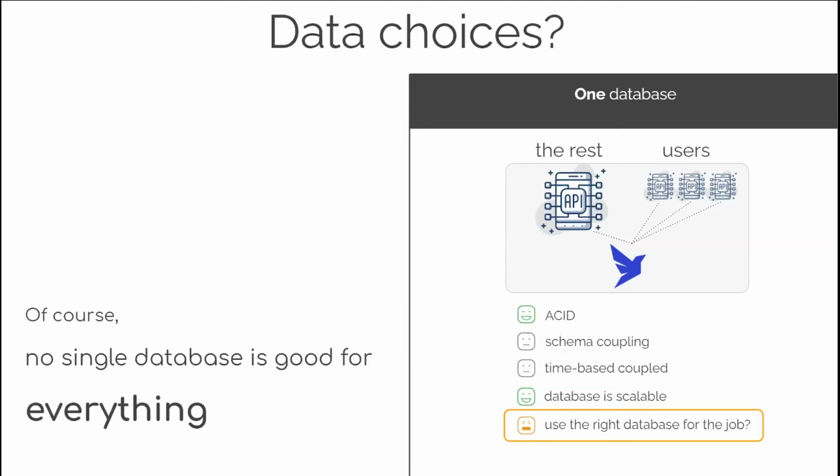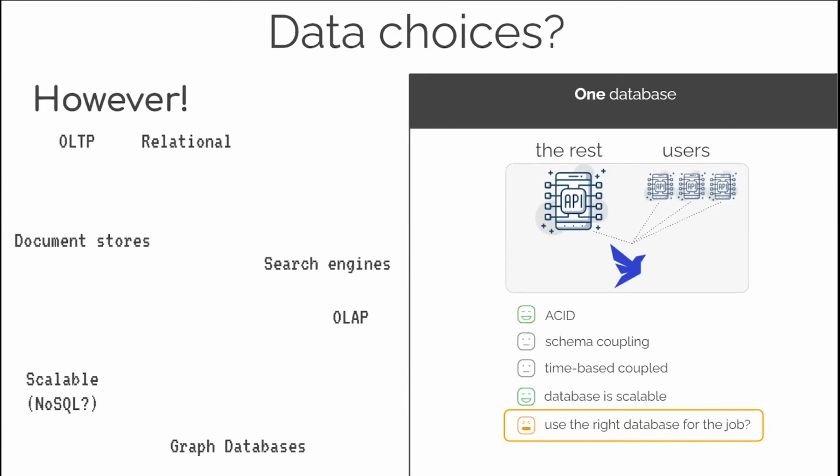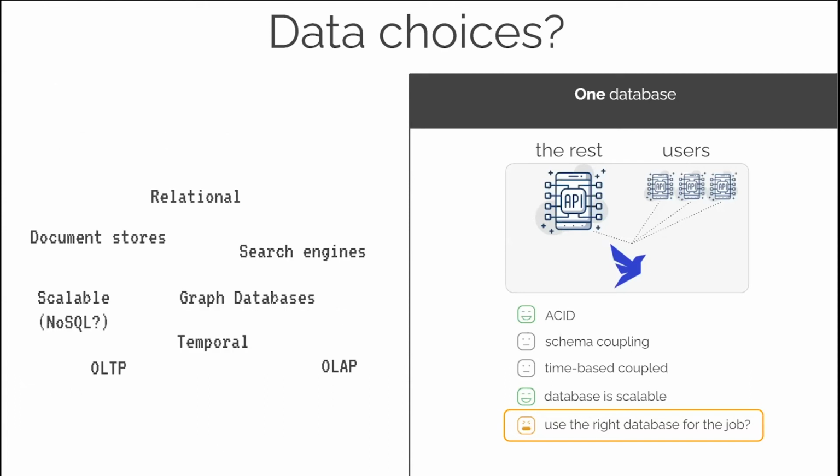However, the last disadvantage here: use the right database for the job. It's true that no single database is good for everything. However, if you look at the database world, the different types of databases, OLTP, relational, document stores, search engines, OLAP, graph databases, what we're seeing the last years is that databases are growing more together.